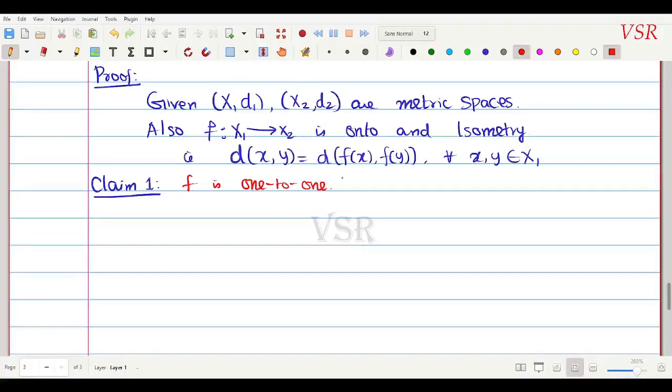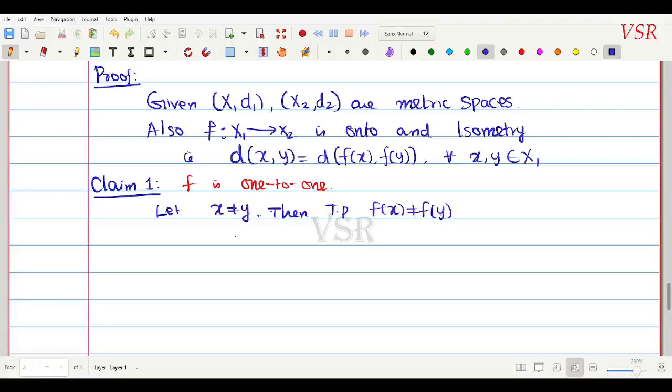Let x not equal to y, distinct elements; we must show that f of x is not equal to f of y. So f is 1-1 means distinct elements will map to distinct elements. Okay, this is easy, isn't it?